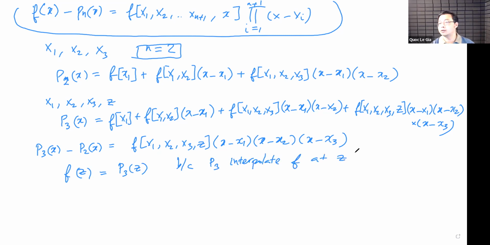That is our assumption. So I will replace this: instead of P3 of z, I will put f of z minus P2 of z.